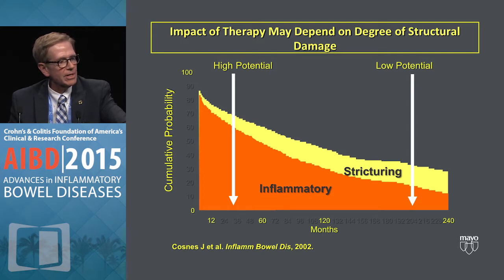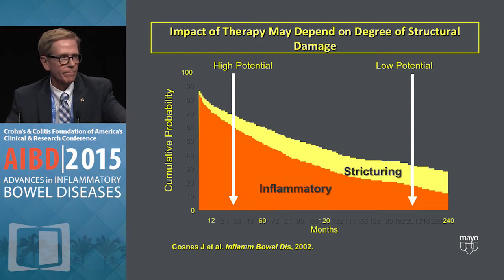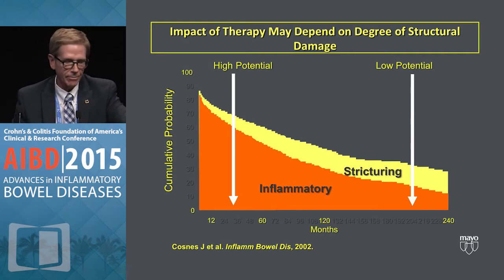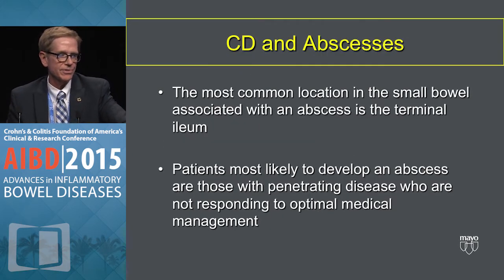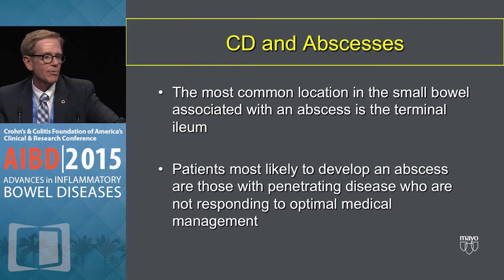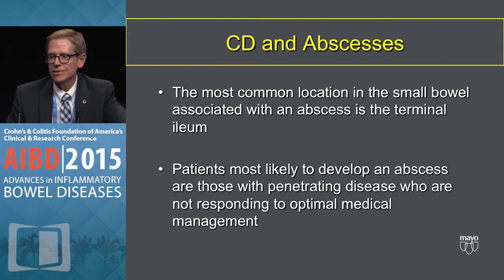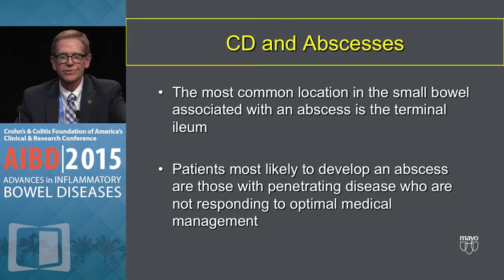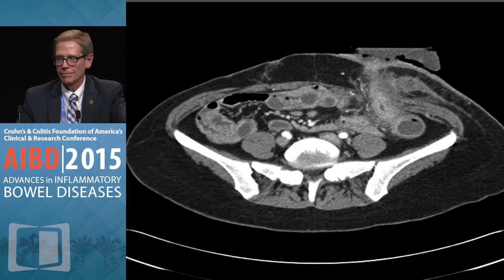But as stricturing becomes more of a problem and the inflammatory disease becomes less obvious, there's a much lower potential for non-operative management in the management of Crohn's disease abscesses. The most common location in the small bowel associated with an abscess is the terminal ileum. Patients most likely to develop an abscess are those with penetrating disease who do not respond to optimal medical management.